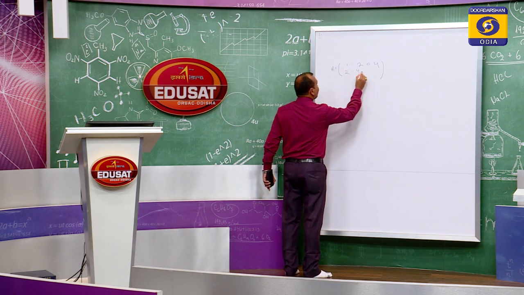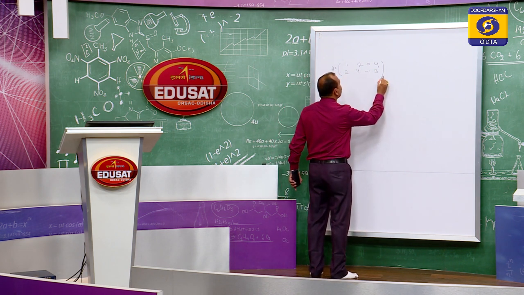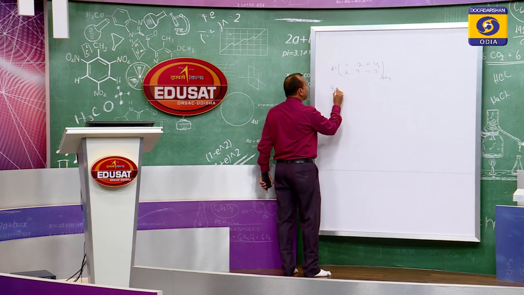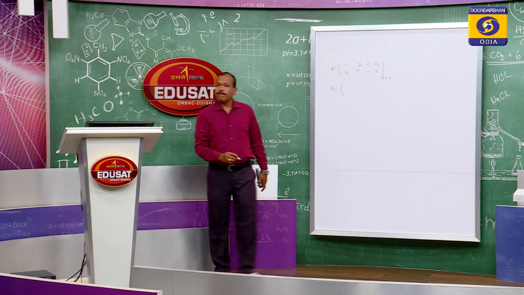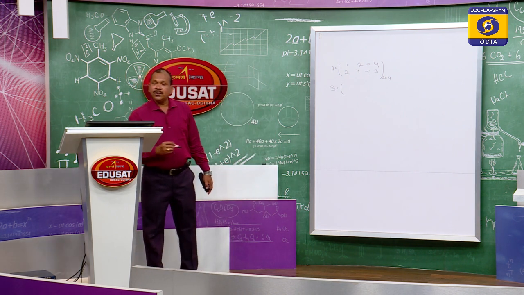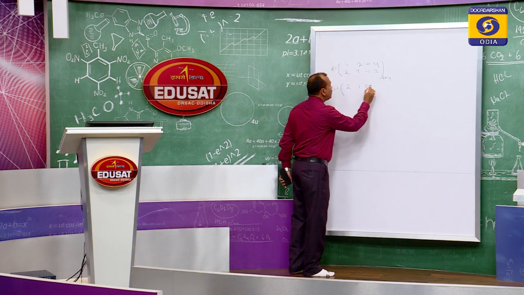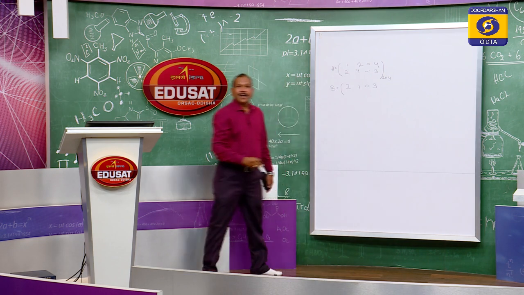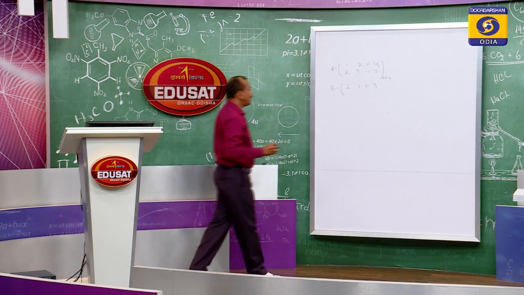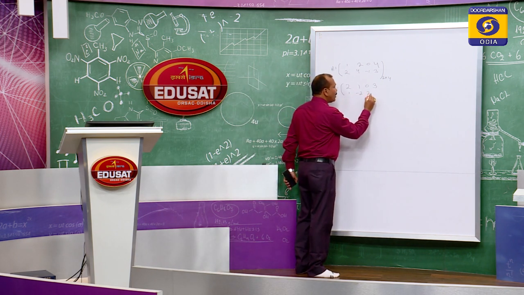This is a 2 cross 4 matrix, and B is a matrix given by 2, 1, 0, 3 as the first column, and the second column is given by 1, minus 2, 2, 3.